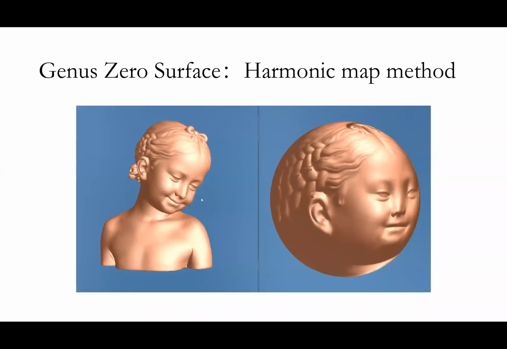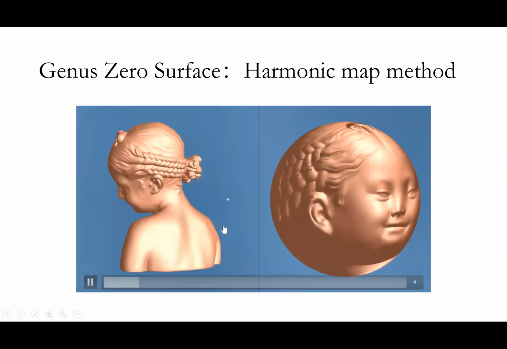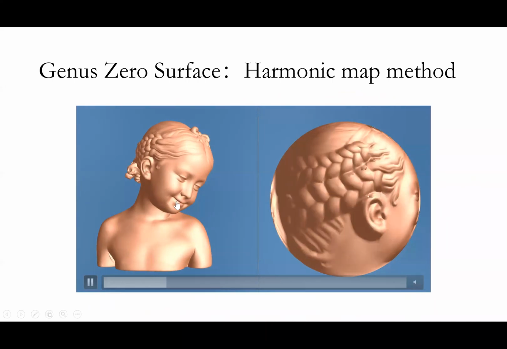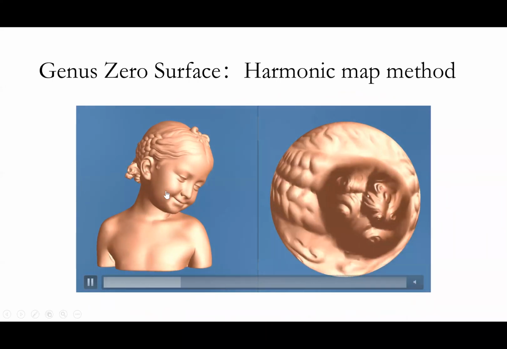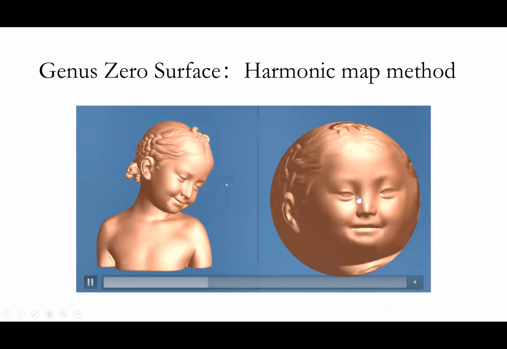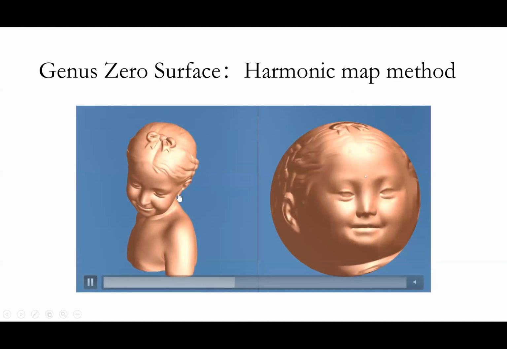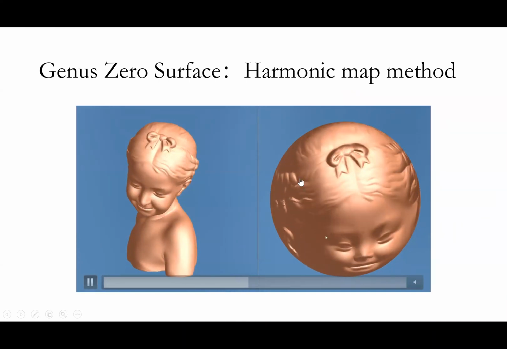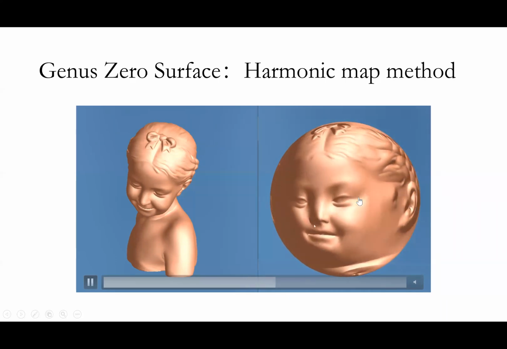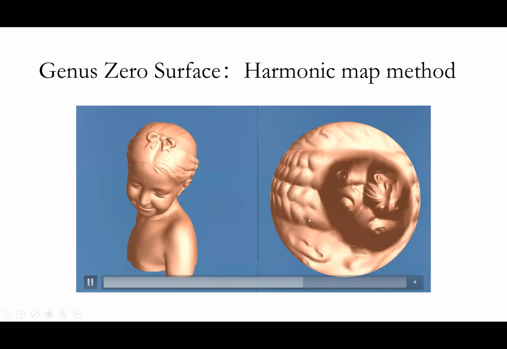For genus 0, we use harmonic map to find the map. We can imagine that the sculpture here is made of a rubber sheet. We cover the marble using this rubber sheet, and the surface can slide on the sphere freely without friction. Eventually the mapping will minimize the elastic deformation energy.